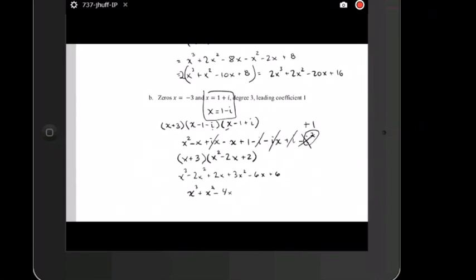When you combine all the like terms, you get x cubed plus x squared minus 4x plus 6.